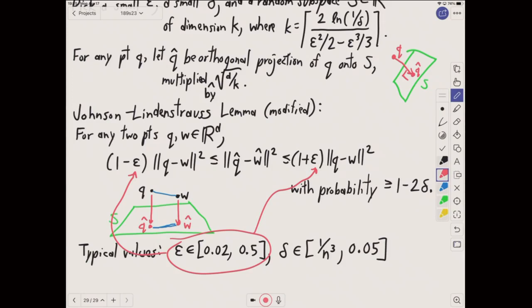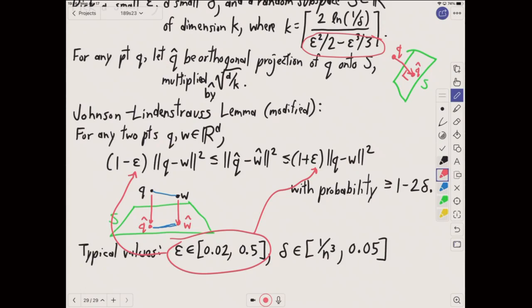If you're willing to play things loose, 50% might be good enough. If you want to be tight and accurate, you might want to make it smaller, you might want to make it 2%, but you're going to pay for that because it's going to affect the dimension of the subspace that you have to project down onto. The smaller you want to make epsilon, the less error you want to have, the higher the dimension of the subspace that you're projecting onto. So you've got to make k big.